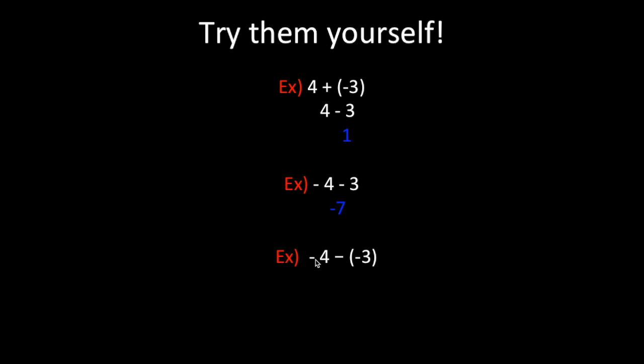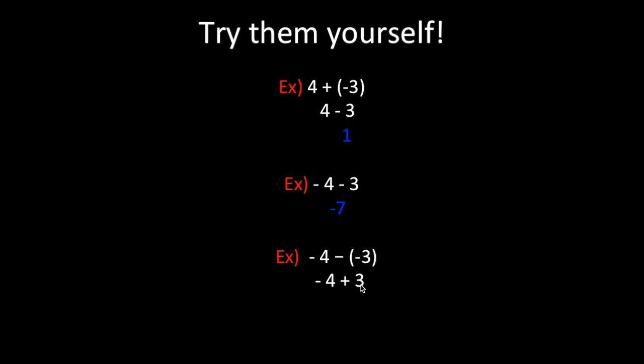Last problem, we're subtracting two numbers. Negative 4 minus negative 3. But look at the problem. We have a minus and a negative, two signs next to each other. A minus next to a negative turns into a positive. So this is negative 4 plus 3.